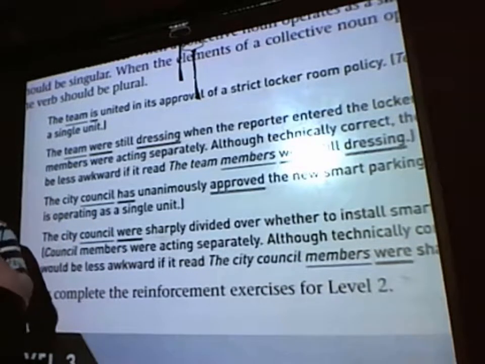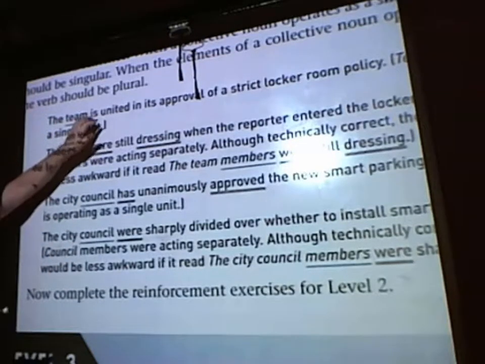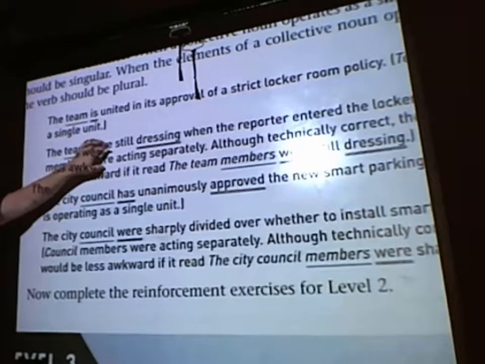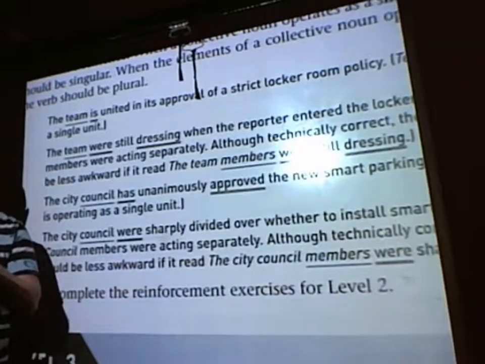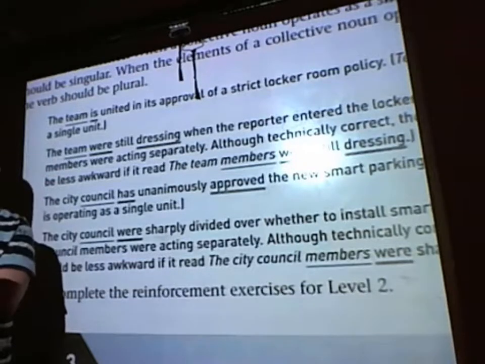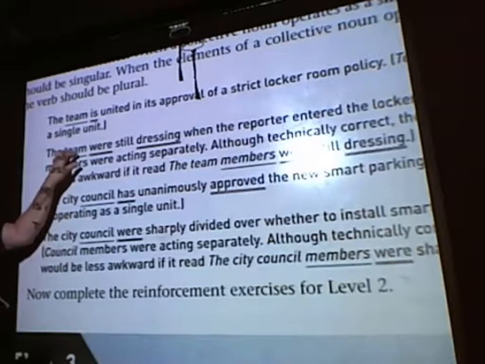But look at this next scenario. The team was or were still dressing when the reporter entered the locker room. Since the team members were all getting dressed independently of one another, that means the team is identified with its plurality. So we need a plural verb. That sounds really awkward.